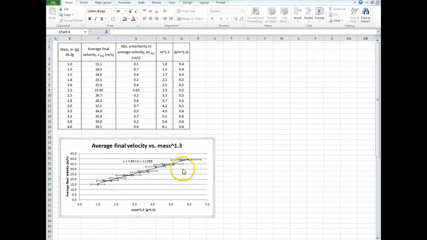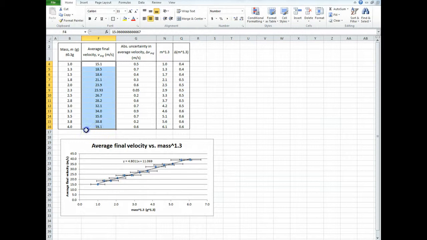For every data point in this graph, there is the actual y value, which is what's shown in this chart. But then there's also a predicted y value.